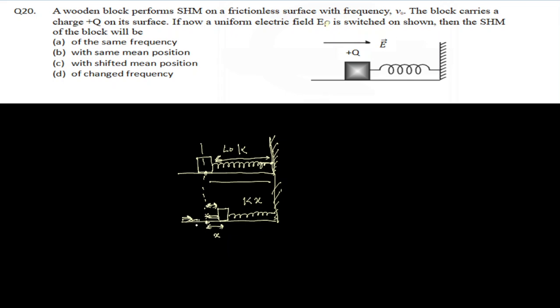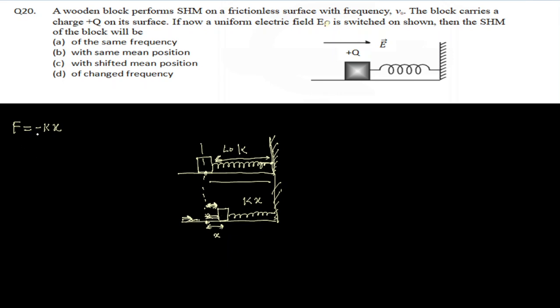And what will be the oscillation frequency? For that, we can simply write the force on the block after displacement x. We have displaced this block towards the right, but the force acting on the block is towards the left.